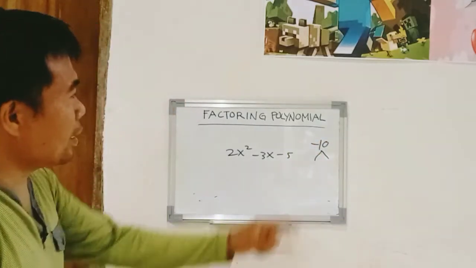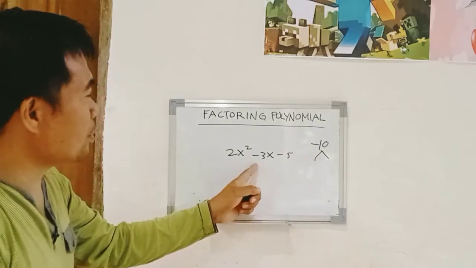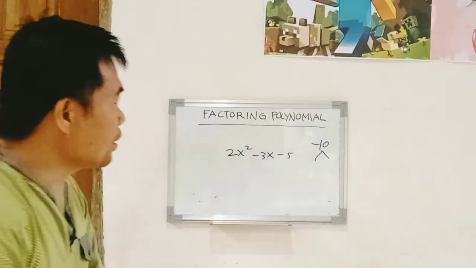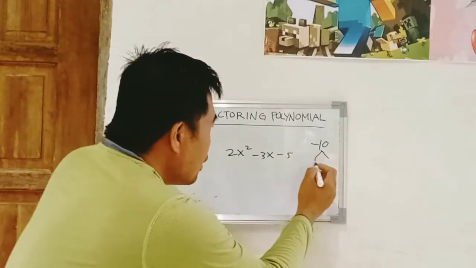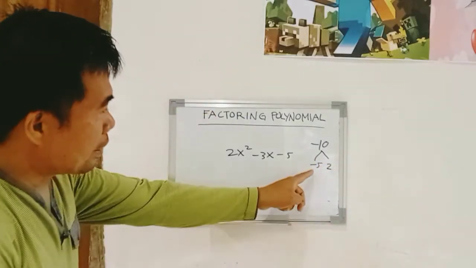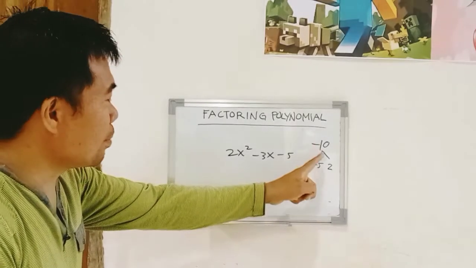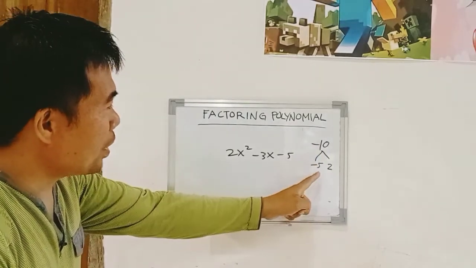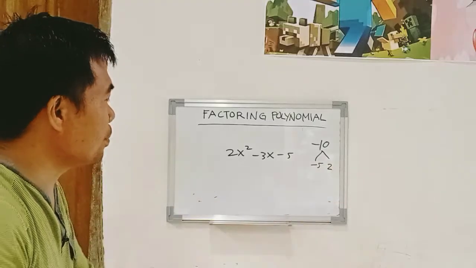So the factors of negative 10 which can also result to negative 3 are minus 5 and positive 2. So negative 5 times 2 is negative 10, and negative 5 plus 2 is negative 3.